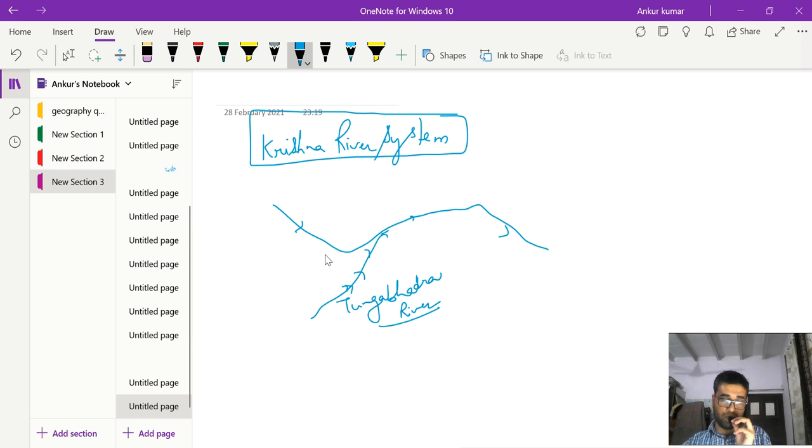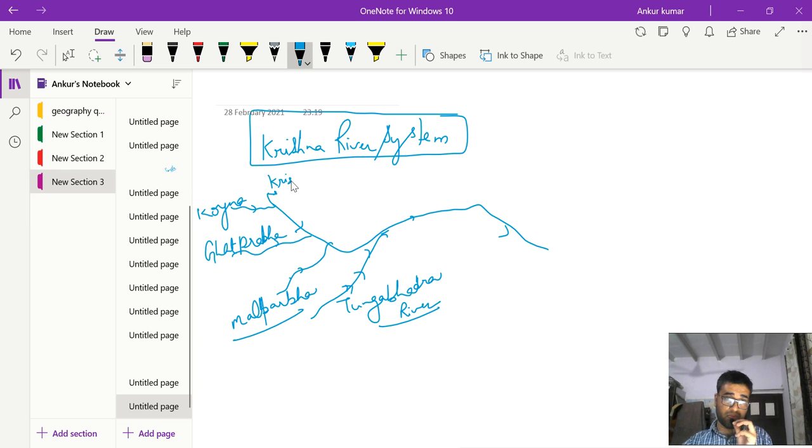This is Malaprabha here. Then you have Ghataprabha. After Ghataprabha, you have the Koyna River here. And this is Krishna.